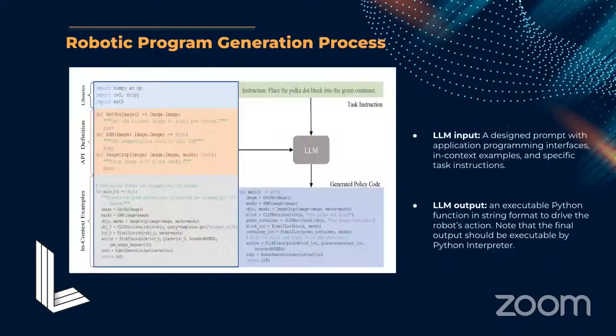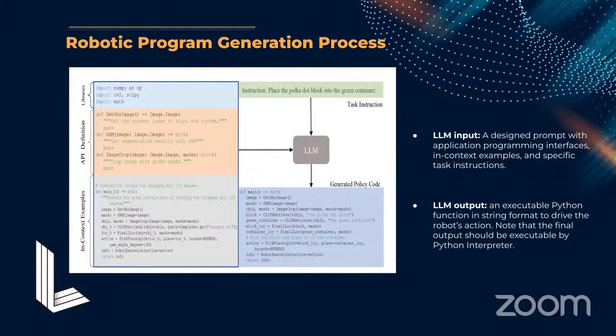Next slide, please. So the very first big component of our framework is the large language model that we are using. The LLM input is going to be a design prompt. The prompt should contain important information about third-party libraries, API definitions, and in-context examples that are relevant to the task.